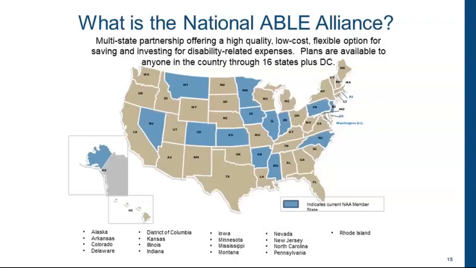And why was there an alliance? Why did the alliance form? It formed because when people with disabilities were first able to open up accounts, we looked, along with a small group of other states, at the size of the number of people that would be eligible to open accounts, and quickly realized that it would be very difficult to find a program manager who would stand up a program that was economical, affordable, and high quality with just our state alone here in Illinois.